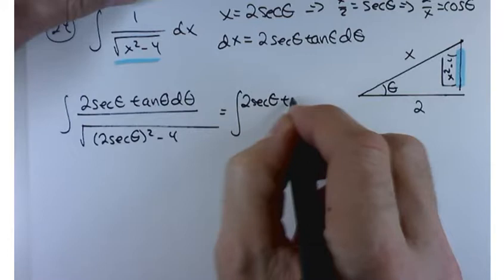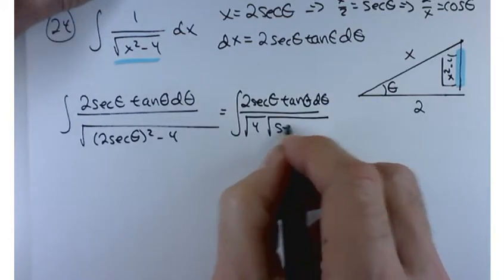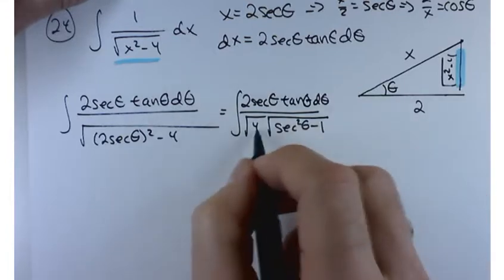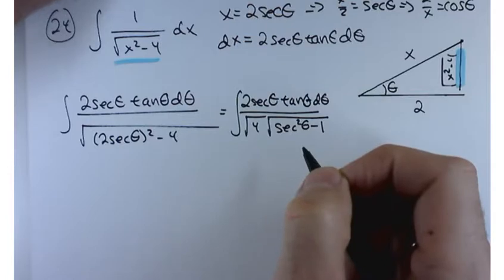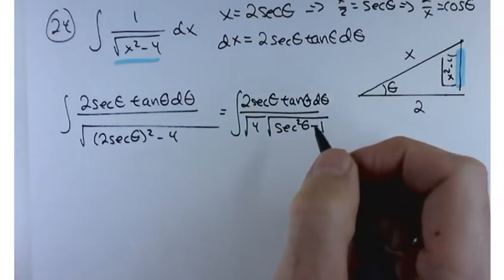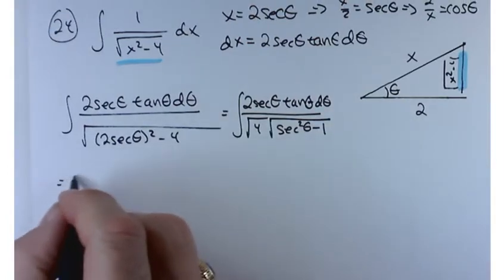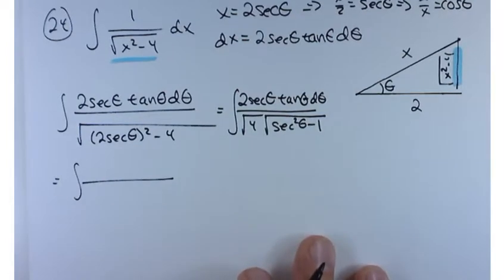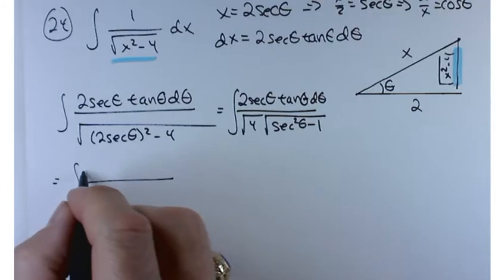How does the denominator simplify? The 2 cancels out, and secant squared minus 1 is tangent squared. The square root of tangent squared is just tangent. And then that'll cancel, and the 2's cancel.